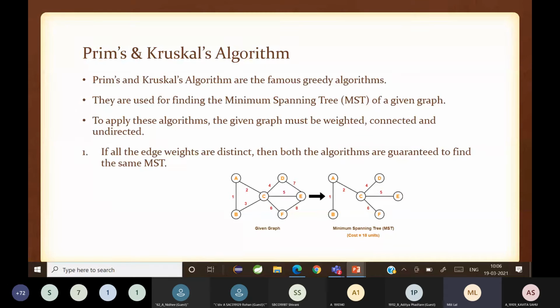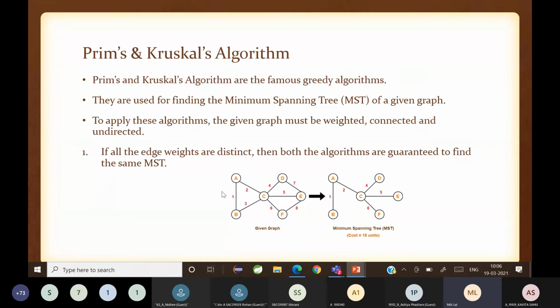See, Prim's and Kruskal's algorithms are greedy algorithms and they're used to find a minimum spanning tree. To apply these algorithms, the graphs must be weighted, connected and undirected. If all the edge weights are distinct, then both the algorithms are guaranteed to find the same minimum spanning tree. Is it clear?